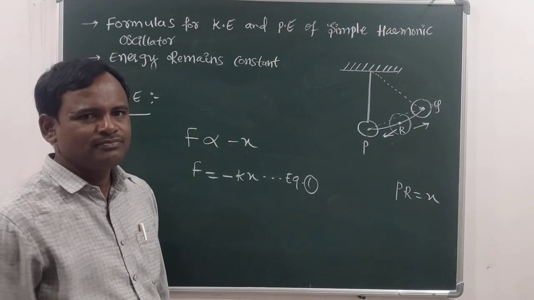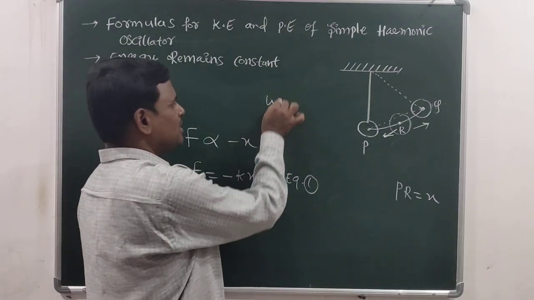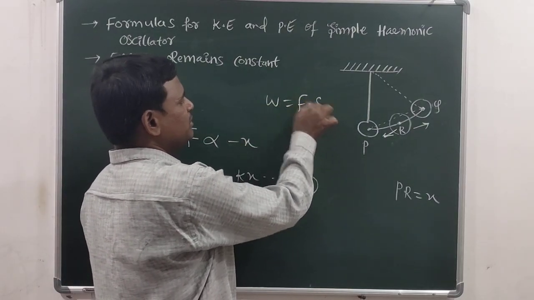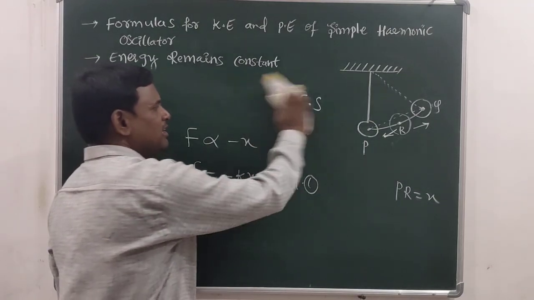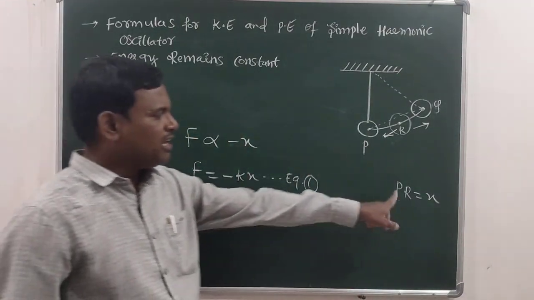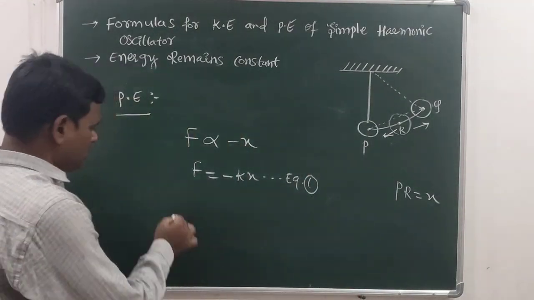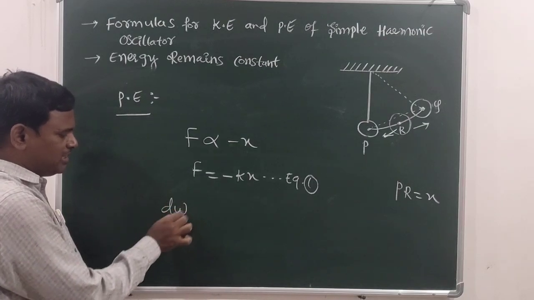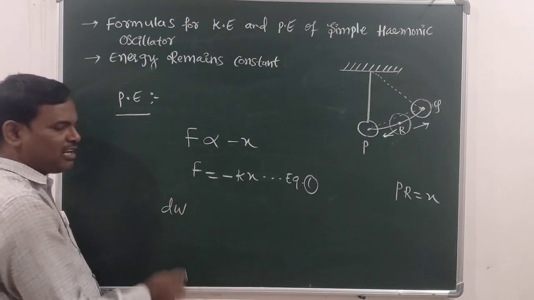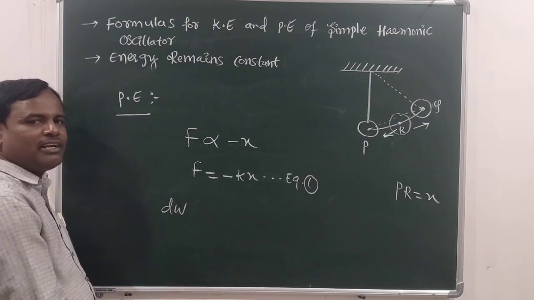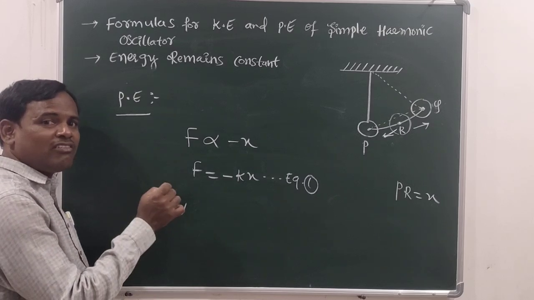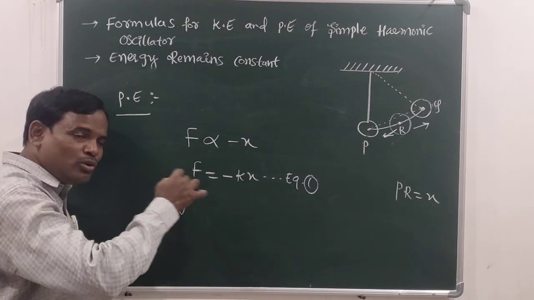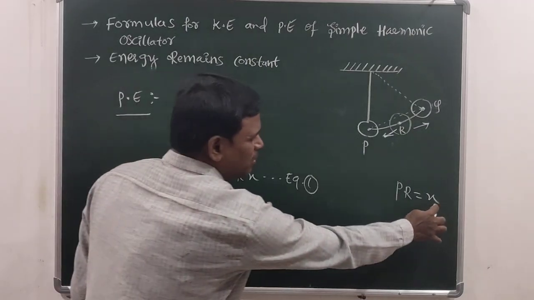You know, work done W is equal to force into displacement. Here also, I want to take small changes, so a small work will be done on the bob, which is denoted by dW. What is it? A small work which is done on the bob to get a very small change in x.